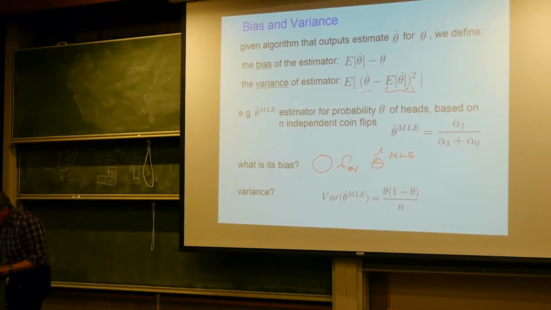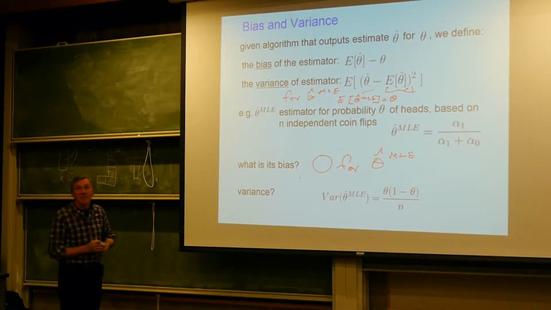Okay, so for my estimator, which is the MLE estimate, the expected value of theta hat MLE is theta. And so the bias is 0.